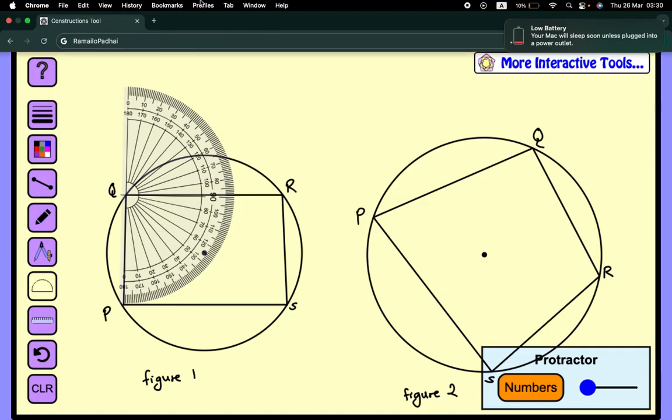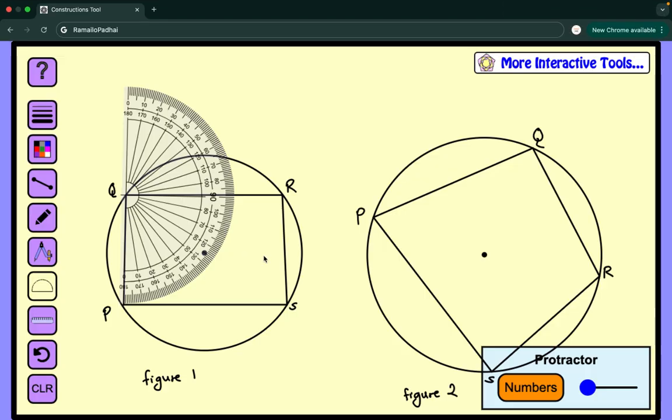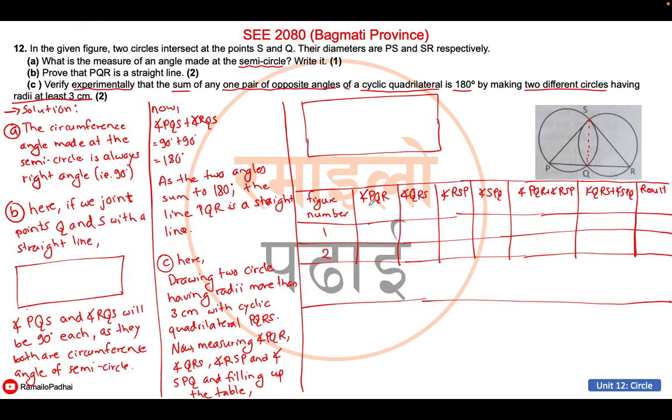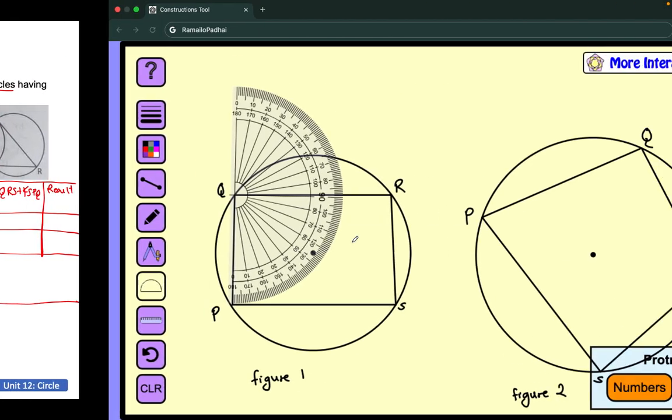Is it charging now? No, it is not charging. Yeah, now it is charging. So angle PQR in figure 1 is 91 degrees.